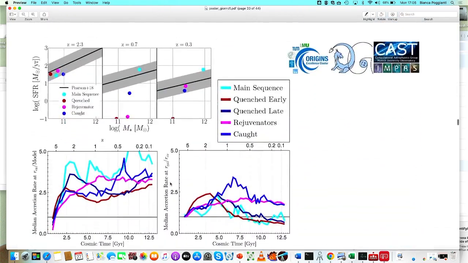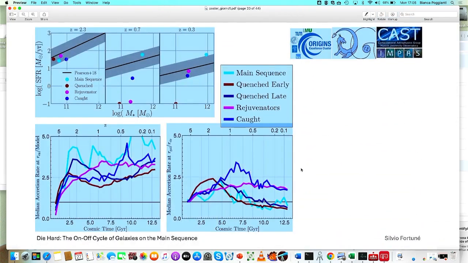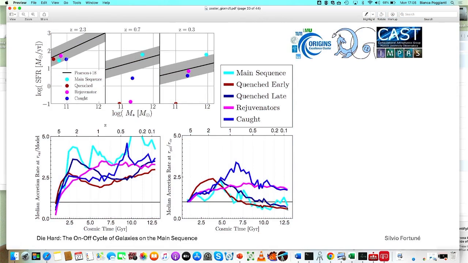However, if we divide the accretion rates onto the galaxies in the centers of halos by the accretion rates at the virial radii, we see that the magenta rejuvenating galaxies and the blue rejuvenating galaxies tend to higher values than the quenching galaxies, but also the main sequence type galaxies, which is an indicator for a rejuvenation that is fueled by a fountain process.